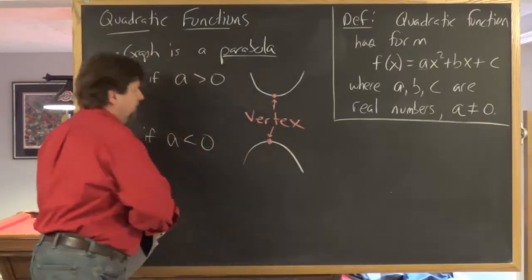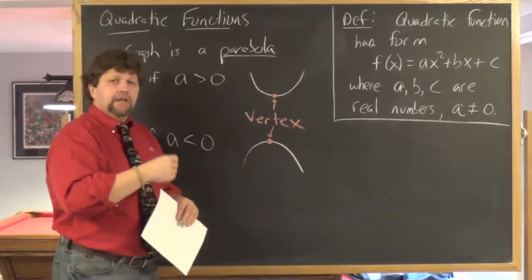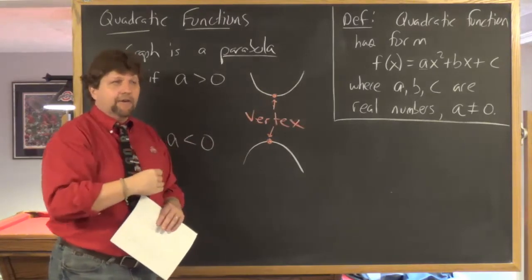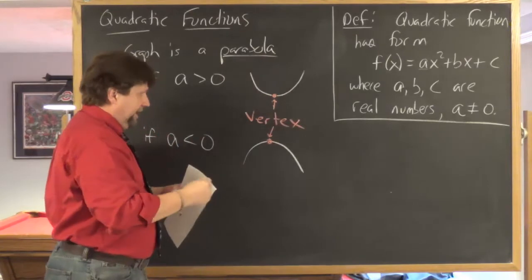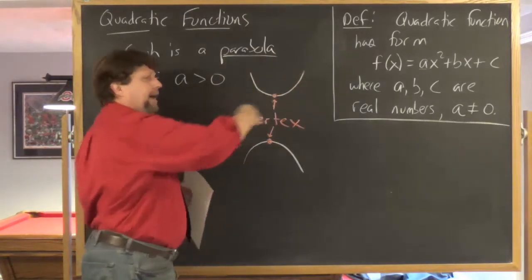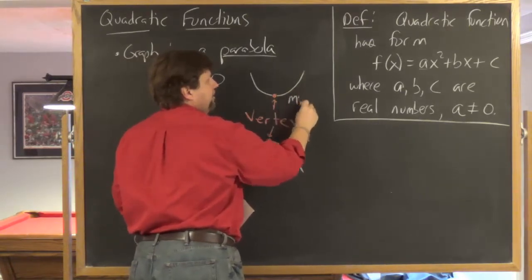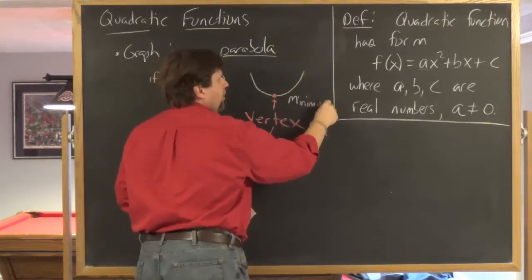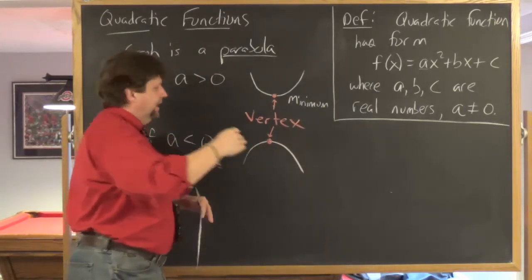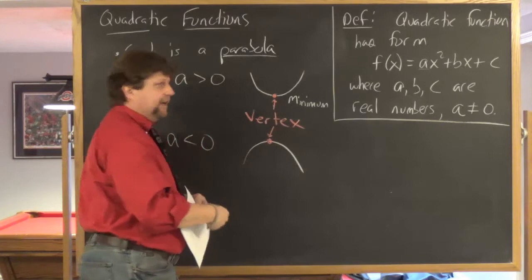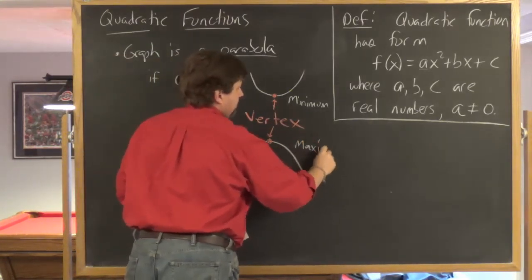Notice on a happy parabola, the vertex is going to be the smallest y value of any point that's on the graph of the parabola. So you could think that on a happy parabola, the vertex gives a minimum, whereas on a sad parabola, the vertex, that y-coordinate, is the largest of any y-coordinate. It's going to give a maximum.